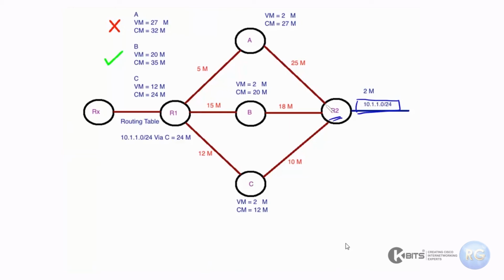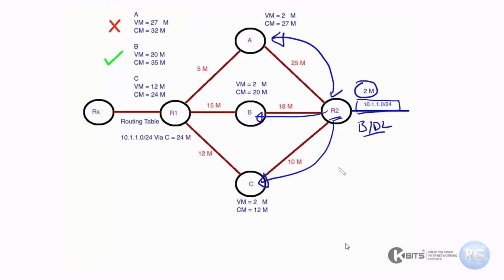He's sending that route towards A, B, and C. R2's cost to get to 10.1.1.0 is 2 million, including the bandwidth and the delay and the whole formula.